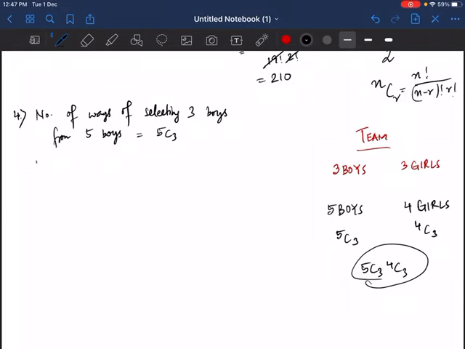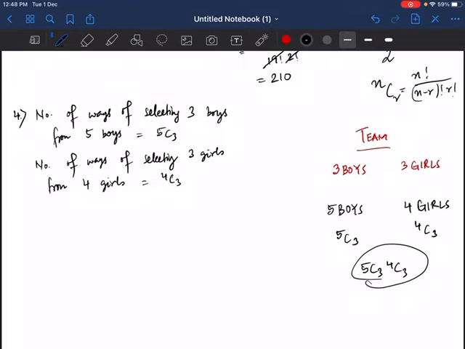Then number of ways of selecting 3 girls from 4 girls, and we have discussed this one also, that is 4C3, right?